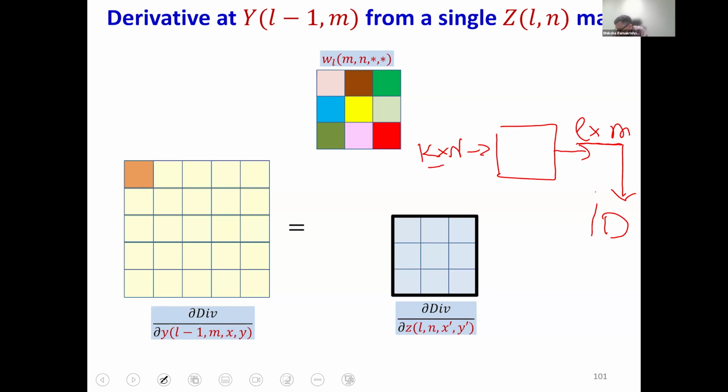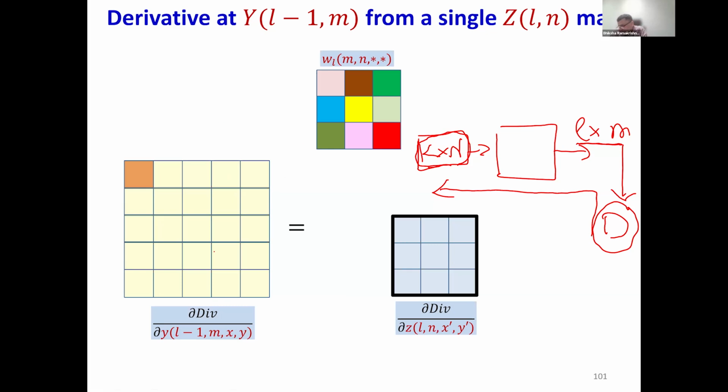When I compute the derivative going backwards, every one of these elements was eventually used in computing the divergence, right? Yes or no? Which means, what is the size of the derivative I must get over here? It must also have k times n elements, correct? Exactly, because every one of them was used in computing the divergence.